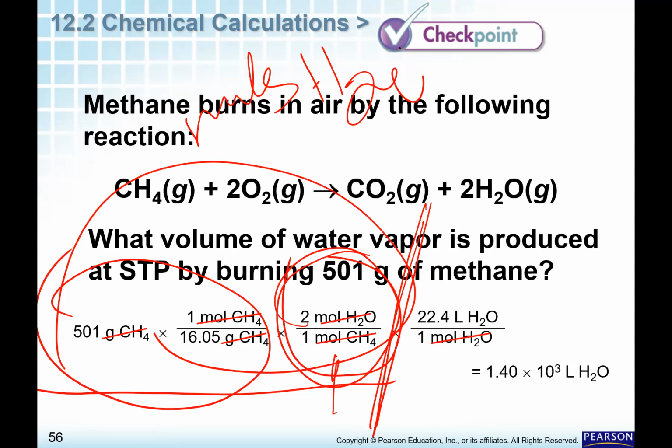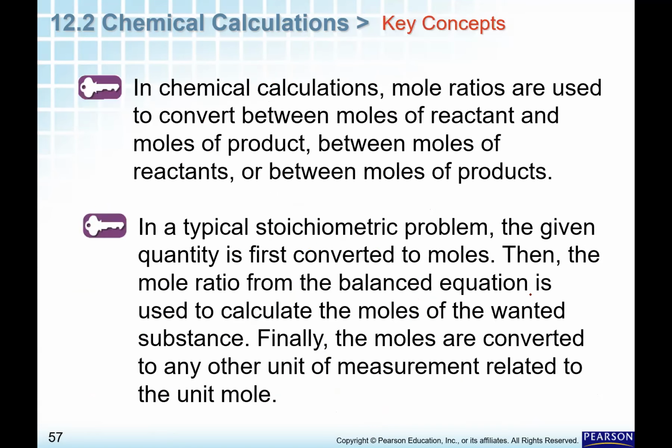Right? Then you multiply it by this relationship under STP. That will give you the liters of H2O produced. Okay? Is that clear? All right. That's it with section 12.2.